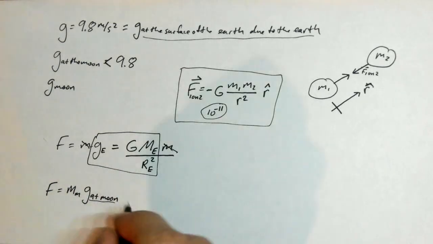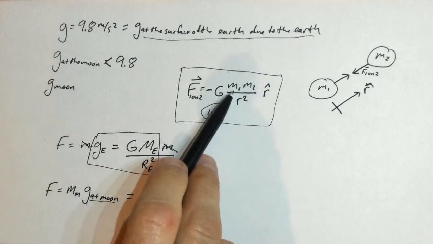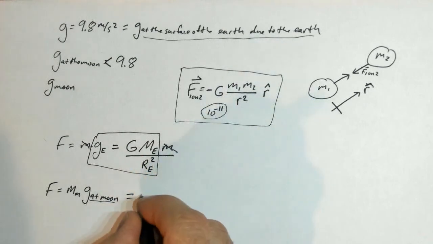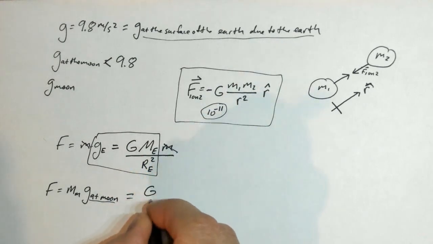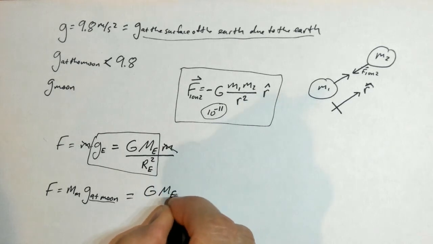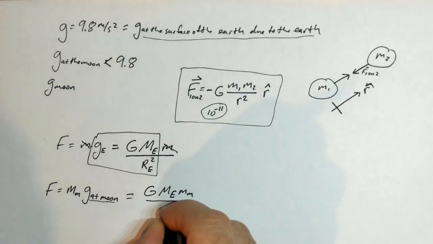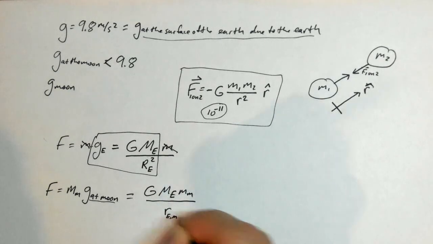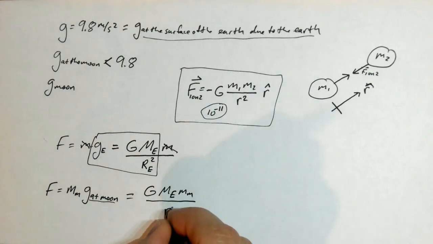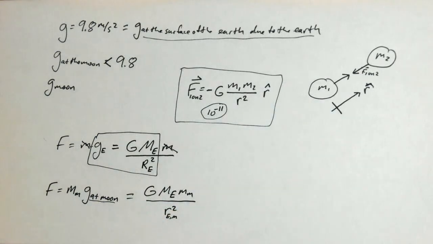So how does that change things? Well, turning to the universal law, that is G m of the Earth, m of the moon, divided by the distance between their centers. Now that's going to be r_EM, meaning the distance from the Earth to the moon, the centers, squared.